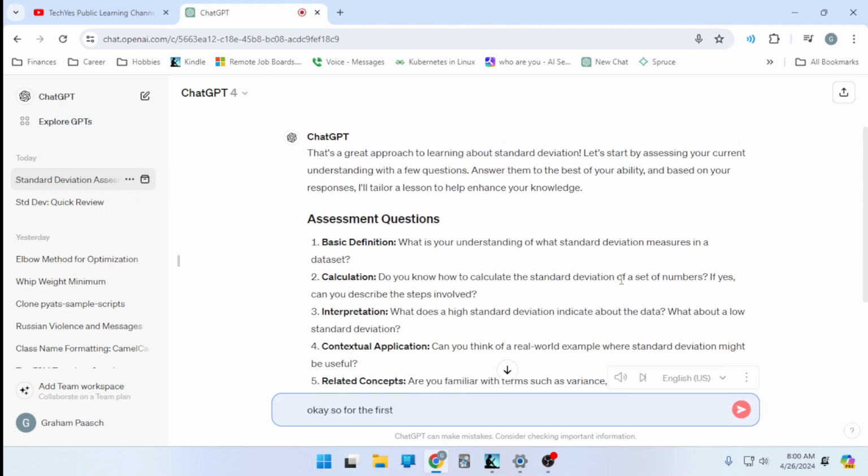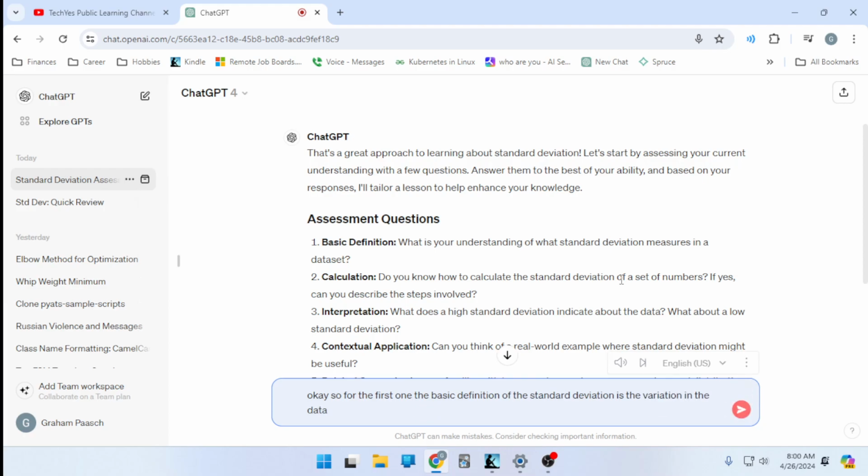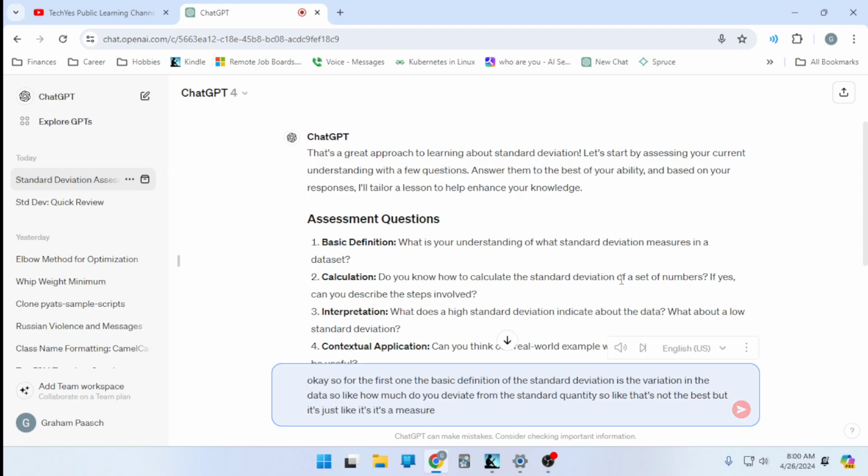Okay, so for the first one, the basic definition of the standard deviation is the variation in the data. How much do you deviate from the standard quantity? That's not the best, but it's a measure of how much the data varies. That's the basic definition.